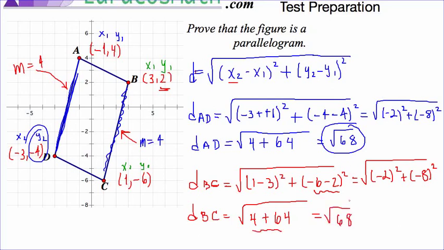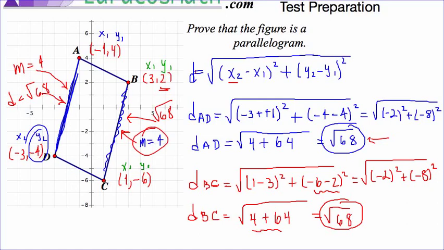So as you can see, this distance is square root of 68, and this distance is also square root of 68. So slopes are equal, distances are the same, so I can see this is a parallelogram.